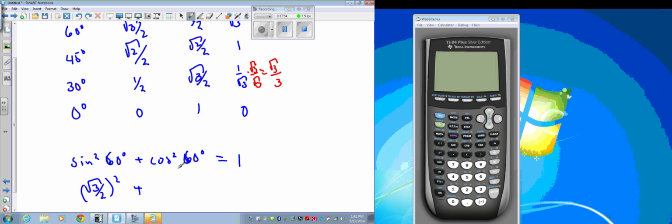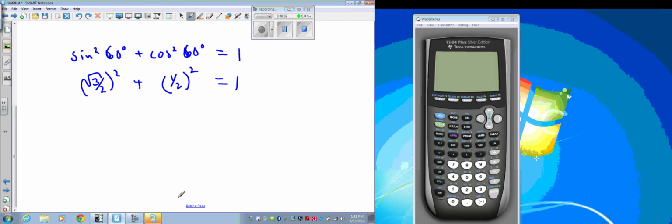The cosine is 1/2, and we square it. And it better come out to be 1, right? This is going to be what? 3 over 4 plus 1 over 4. And it's true. 1 is equal to 1. So all those identities just work with these special angles.